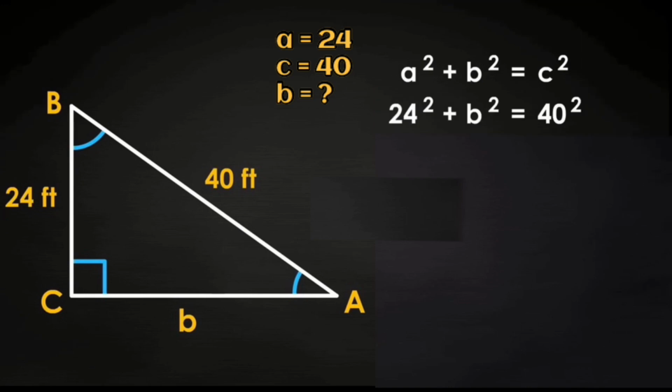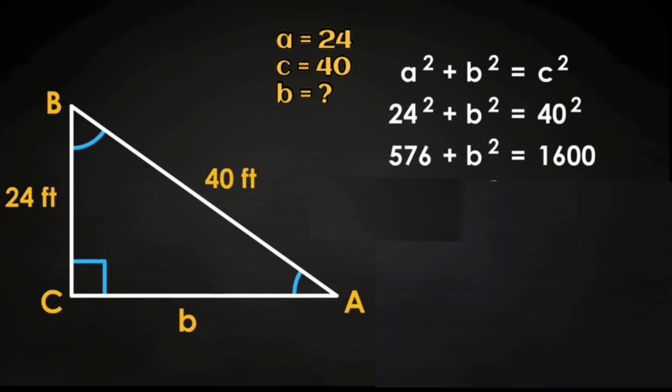So we have one leg is 24, other leg is unknown, and the hypotenuse is 40. So we have 24 squared plus B squared is equal to 40 squared. 24 squared is 576. B squared is unknown. 40 squared is 1,600.